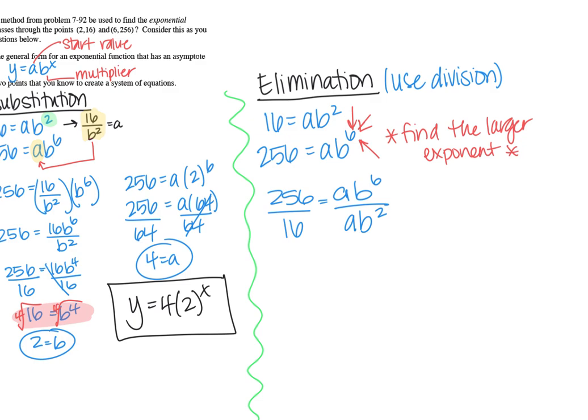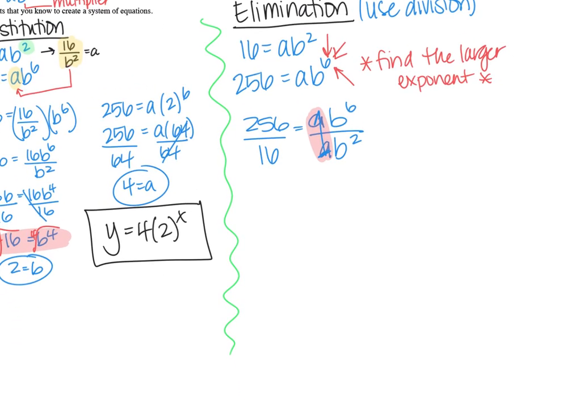All right, now the reason this is called elimination is because right here, friends, these two a's eliminate each other. a divided by a is just 1, so that goes away. Now, 256 divided by 16 leaves me with 16.